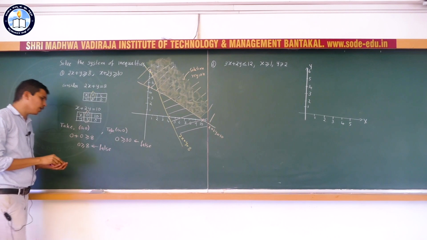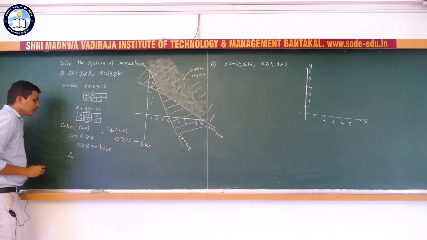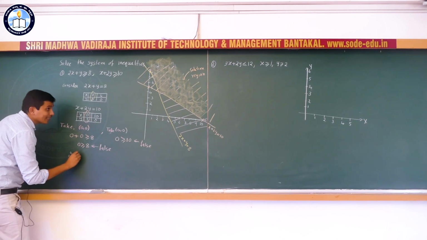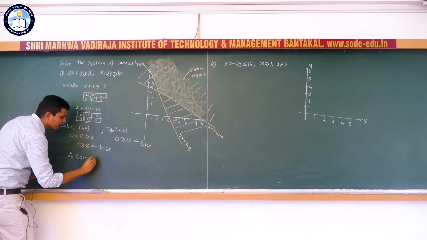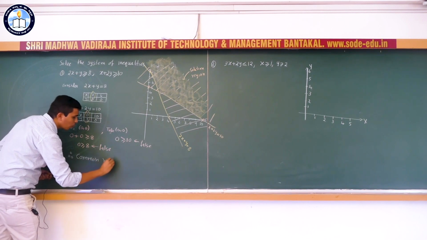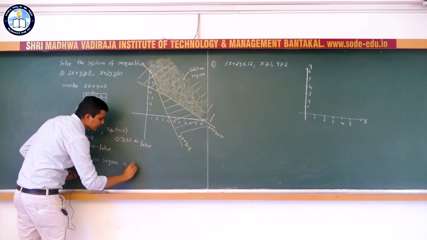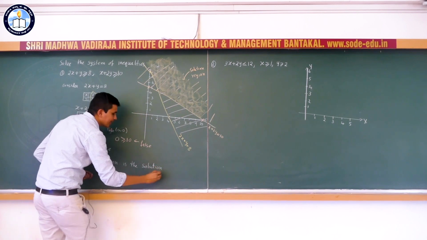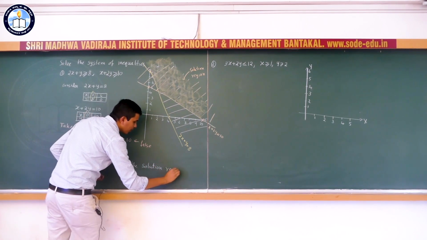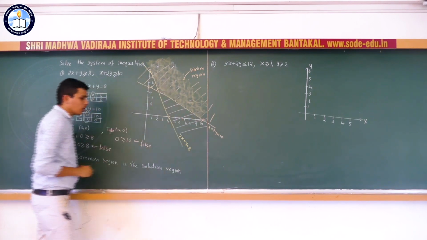So how to write the final answer statement, the conclusion part. Therefore, your double shaded region, otherwise the common region, is the solution region, including the points on the boundary of that solution region.